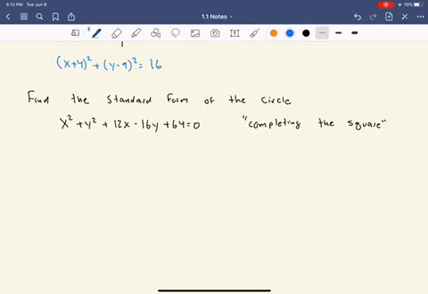Okay, so I'm going to group the x terms and y terms together. And I'm going to put that 64 on its own over there. Now I'm going to complete the square here with the x² + 12x. Half of 12 is 6. 6 squared is 36.